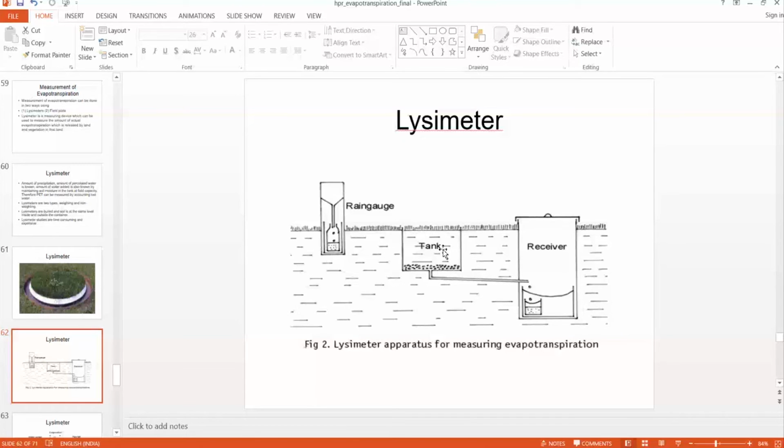You see that this is a tank which has soil and the top is fully covered with grass, so that there is no evaporation from land, only transpiration from the grass. We add some amount of water, and that amount we know.